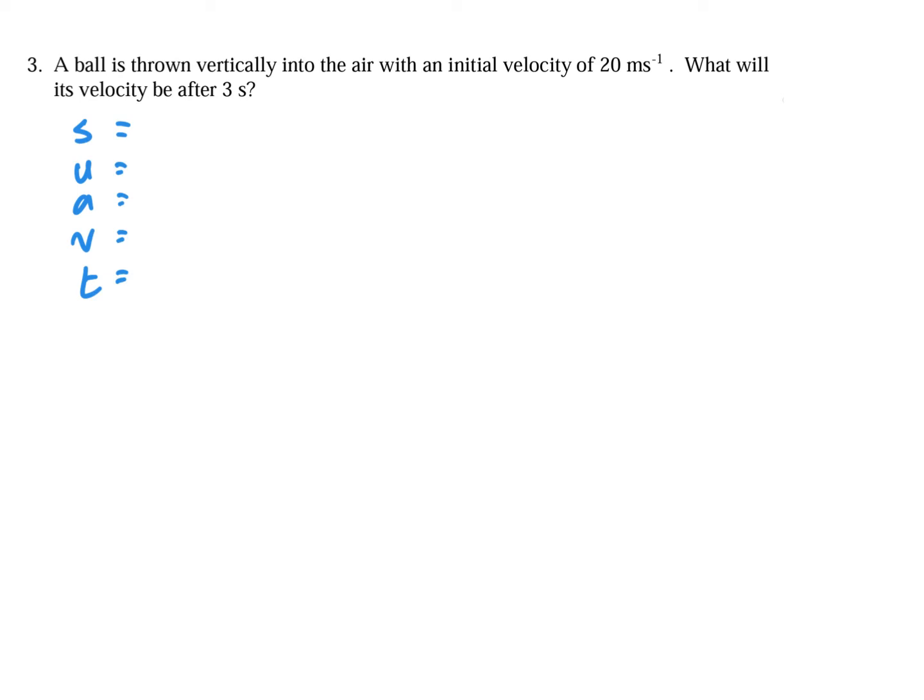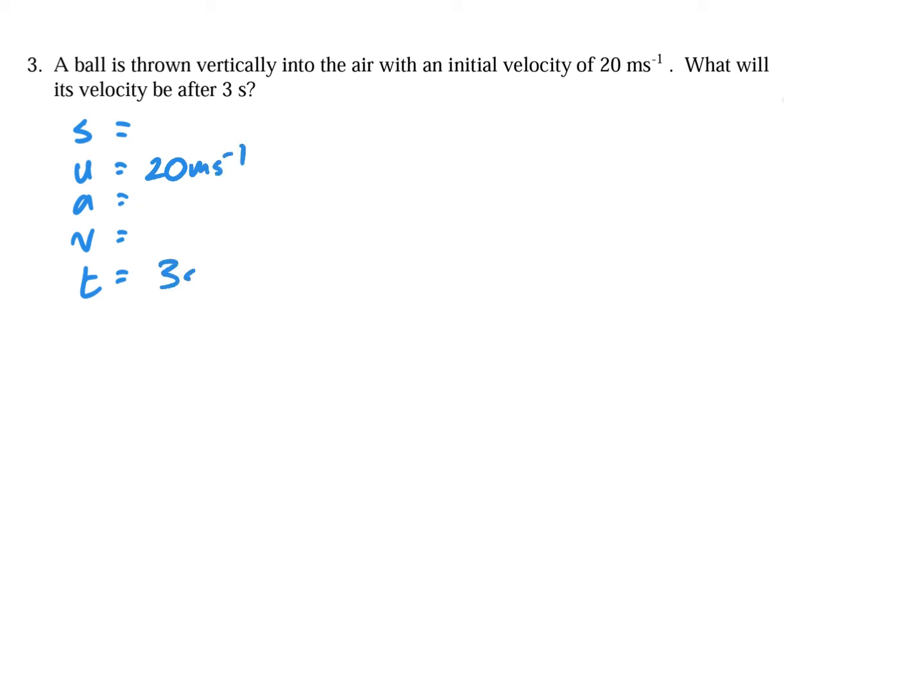So the initial velocity is 20. And the standard convention that we're going to use is always take upwards to be positive, downwards to be negative. Okay, it's just much easier to get used to always working that way so you don't get mixed up. So the initial velocity is 20 metres per second, and that's upward, so that's positive.